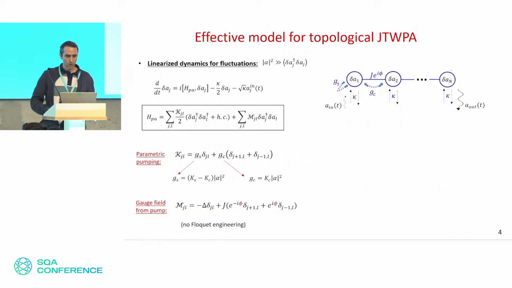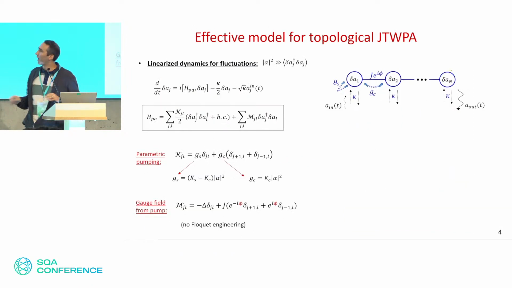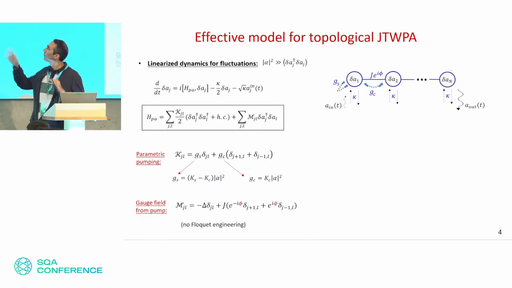We can adiabatically eliminate the auxiliary array, so we can forget about it, and we are left with the dynamics only of the fluctuations of the Josephson junction array, which look like that. For a sufficiently strong pump, these dynamics can be linear. So we have a linear amplifier.